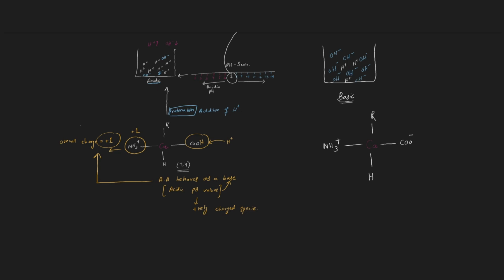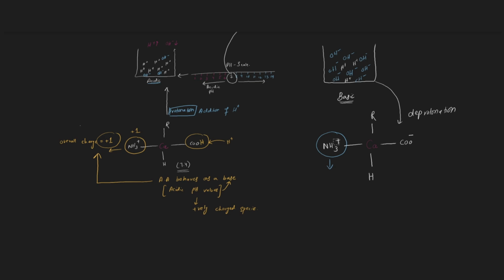Now as the concentration of the hydrogen ions is low and they are not freely available for protonation, in the medium deprotonation takes place. In which part of the amino acid can deprotonation take place? Where the extra proton is available. This part will undergo deprotonation, and one hydrogen ion will be lost.